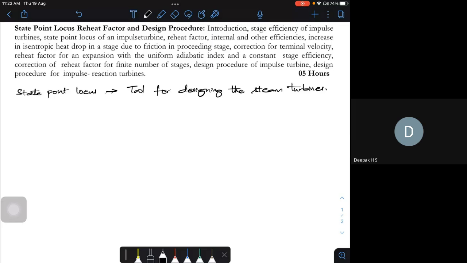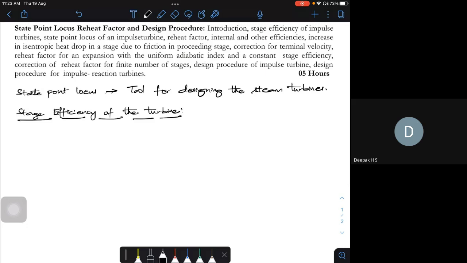The first thing we will look into here is the efficiency of the turbine, that is the stage efficiency of the turbine. What is it actually?